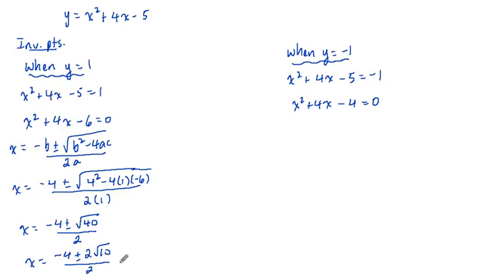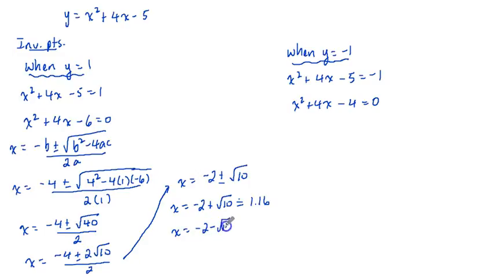I'm out of space here, so I'm going to have to move up here. Divide the 2 into both of these coefficients, so x equals negative 2 plus or minus root 10. So x equals negative 2 plus root 10, which works out to approximately 1.16. And x equals negative 2 minus root 10, which works out to approximately negative 5.16.